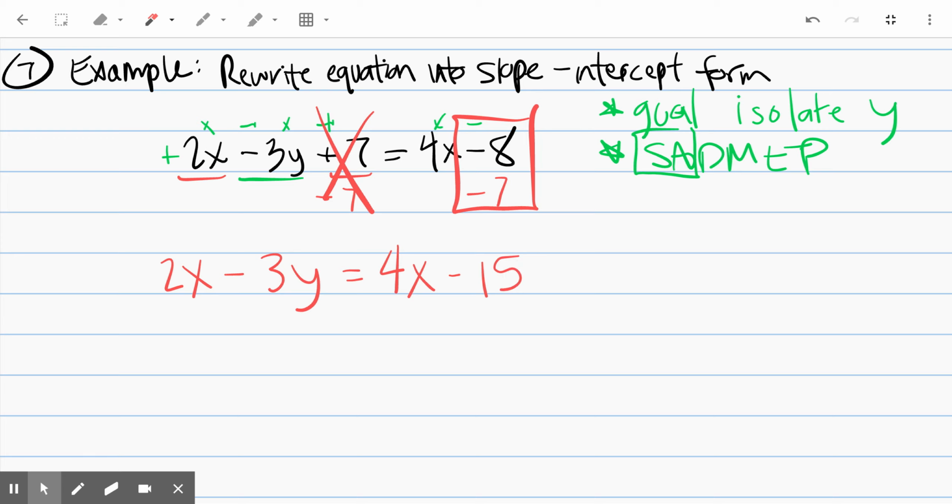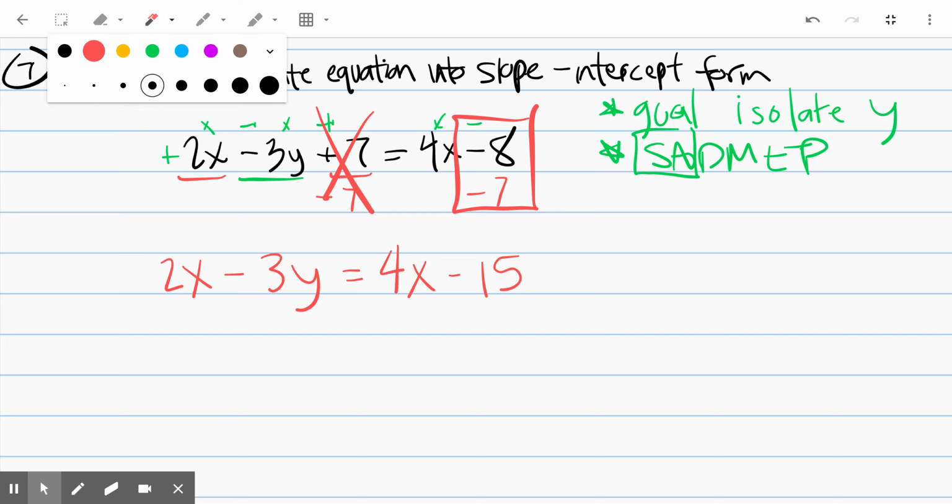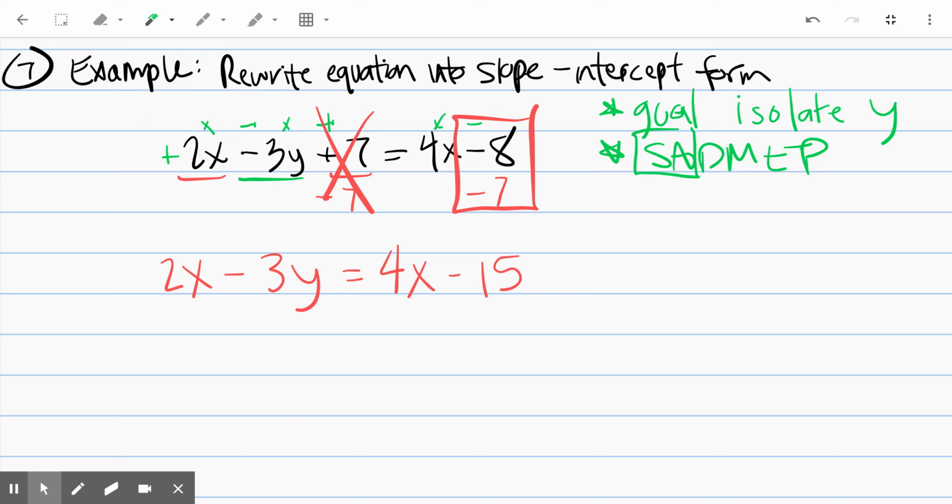Now we need to move this x term away from the y term. So because that 2 is positive, to get rid of it, we're going to do the opposite. We're going to subtract. So subtract 2x from this side, which means we also have to subtract 2x on this side of the equation.